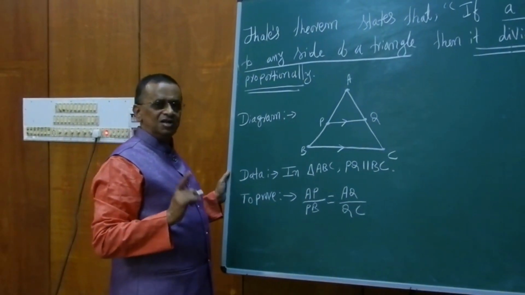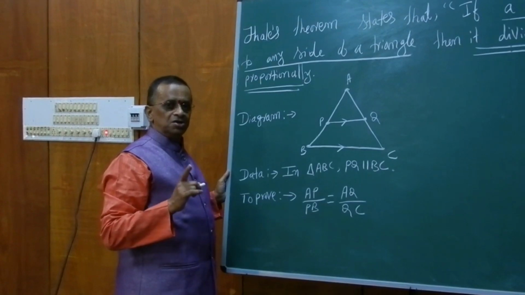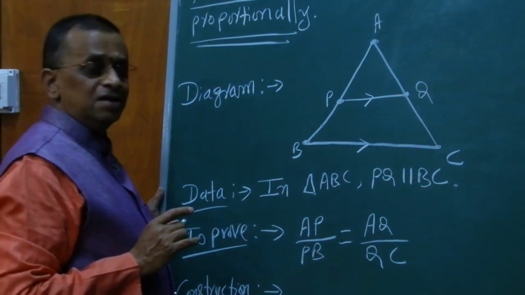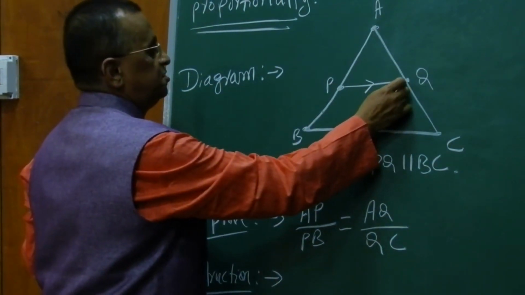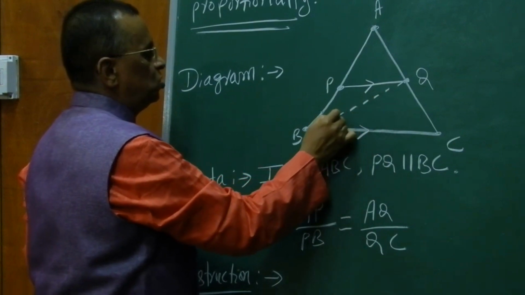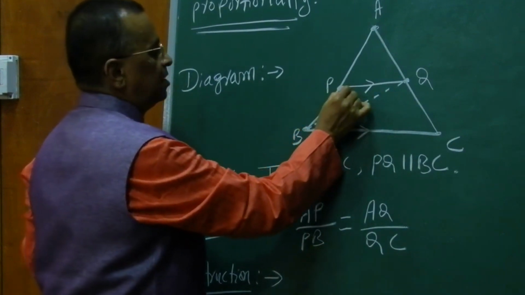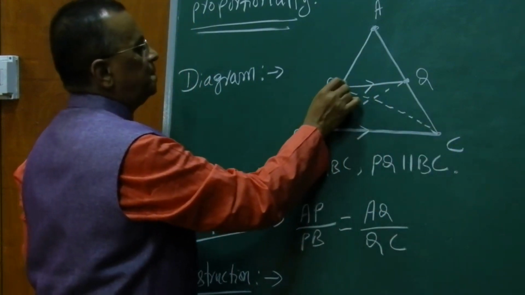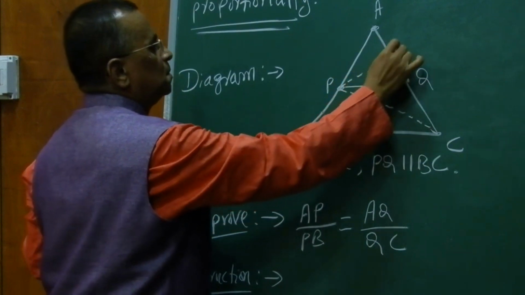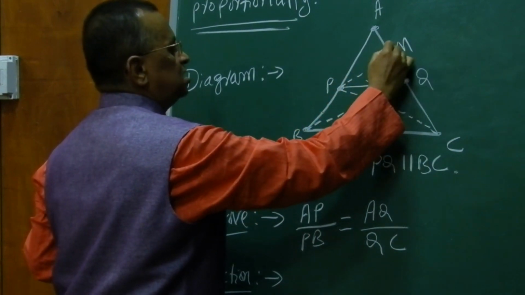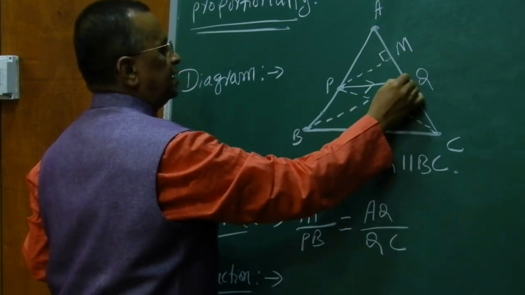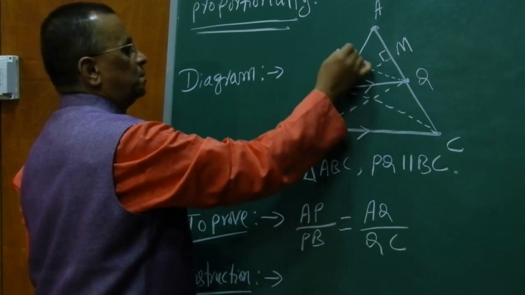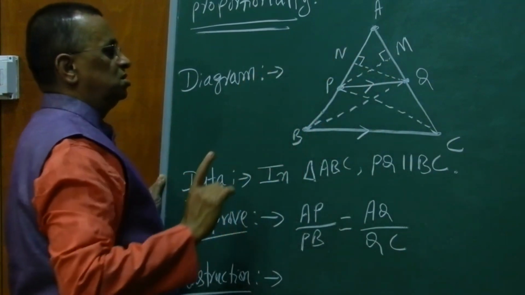The next step is construction. Here construction is required. Construction here is: join PC and BQ, draw PM perpendicular to AC, and draw QN perpendicular to AB.